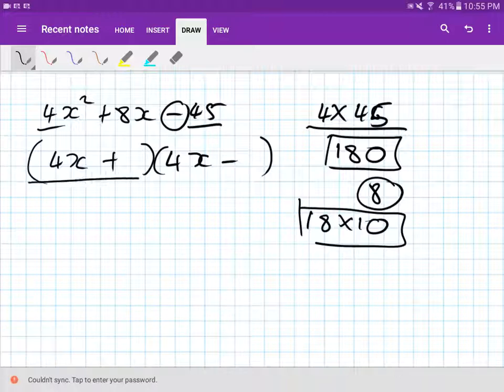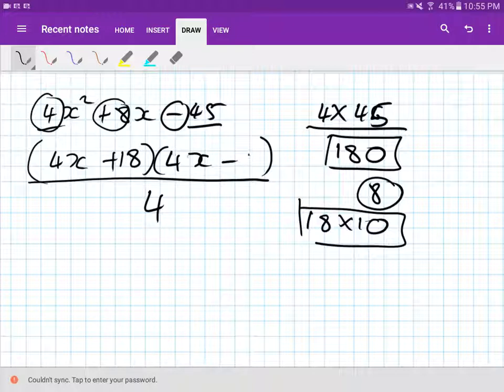And don't forget over 4, of course, because the 4 is the coefficient of x squared. So you go 18 and 10. Because it's negative, 18 must be on the positive side, because the larger number goes on the positive side.